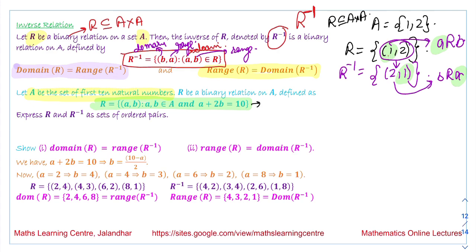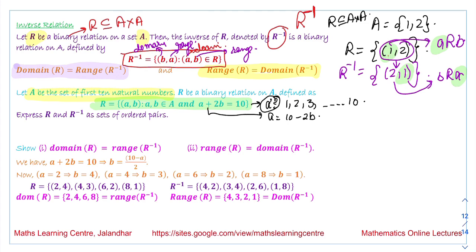The values A can have are 1, 2, 3, and so on up to 10. We obtain A from this: A is equal to 10 minus 2B.